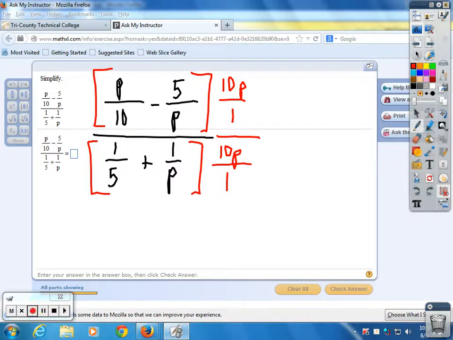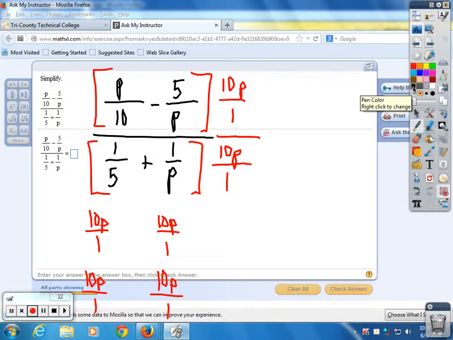So, let's put a baby step in there. 10p over 1, 10p over 1, 10p over 1, 10p over 1. You don't tell I'm a Georgia fan. So where are you getting the 10p? Because I know it's p over 10.